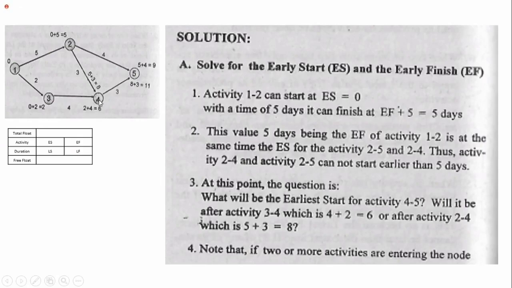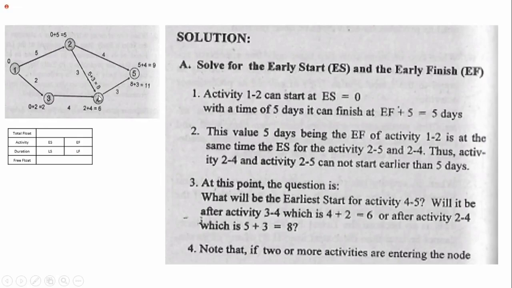Then there is also an early start for 4 to 5. Since node 4 has two arrows, two activities precede it. For activity 2 to 4, we have a duration of 8, an early finish of 8, and for activity 3 to 4 an early finish of 6. In a forward pass, we choose the largest value for the early start of 4 to 5.